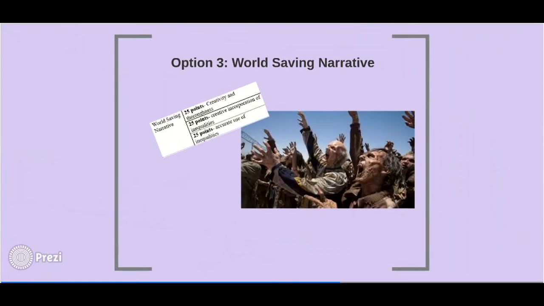The next option is the world-saving narrative, and this is for the storyteller or the writer. I tell them there's something going on in the world that needs to be saved. It may be a zombie apocalypse, it may be everyone's dying for no reason.